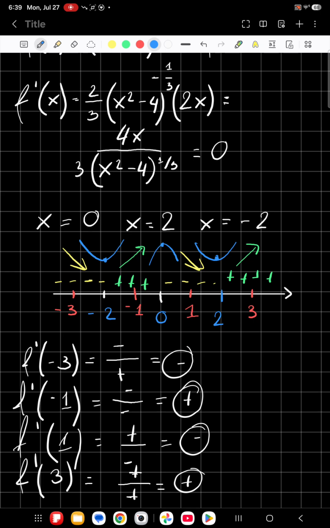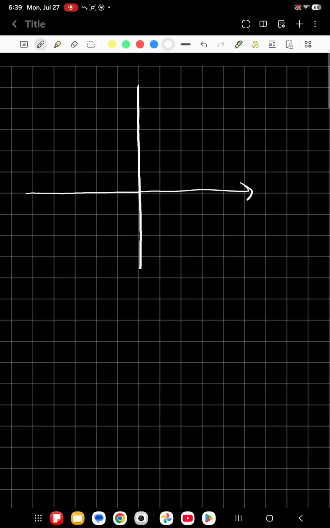What else do we need to do? It'd be good to look at the graph and then maybe write down the solution, the answer. So let's look at the graph. The graph looks like this. Critical numbers: that was -2, then we had 2, and the last one was 0.